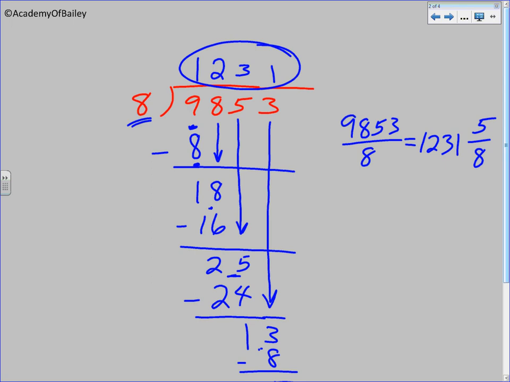So we will say 9,853 divided by 8 will give us 1,231 and 5/8. These 8s right here come from the same place. They were both in the denominator. So let's just kind of refresh your memory there on your trip back to whenever you learned this.